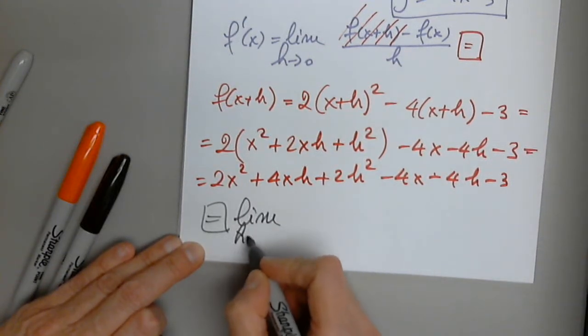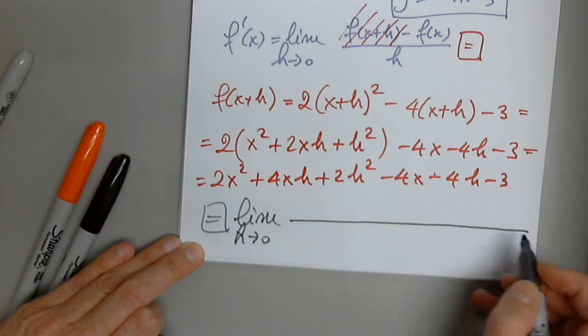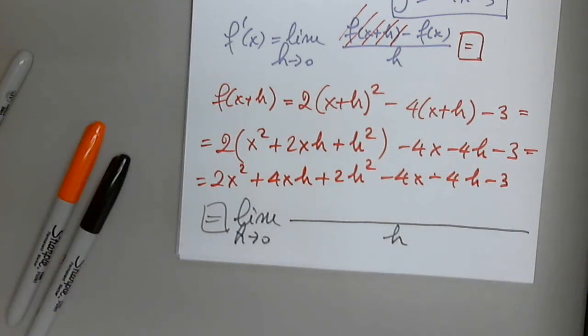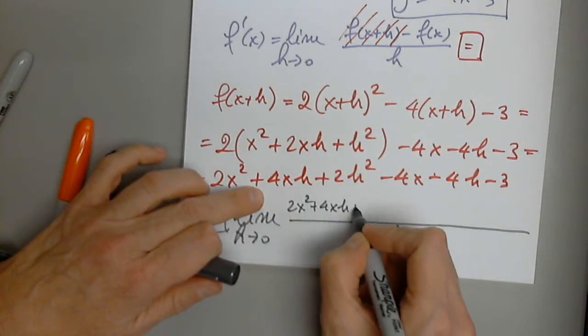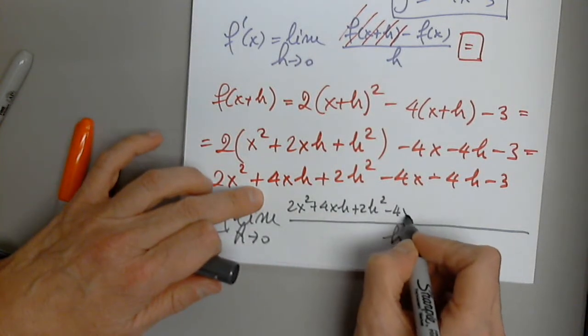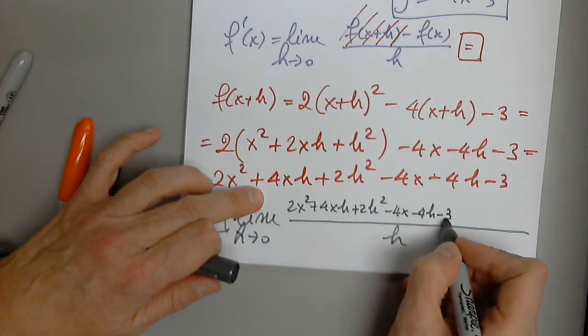Limit as h approaches 0. I stop for a moment and I think. 2 things have to happen. I'm determining the difference quotient with the limit. Any term without h at the top must go away, and eventually h in the denominator, and then I'll get a function. Okay, perfect. So then I have 2x squared plus 4xh plus 2h squared minus 4x minus 4h minus 3.